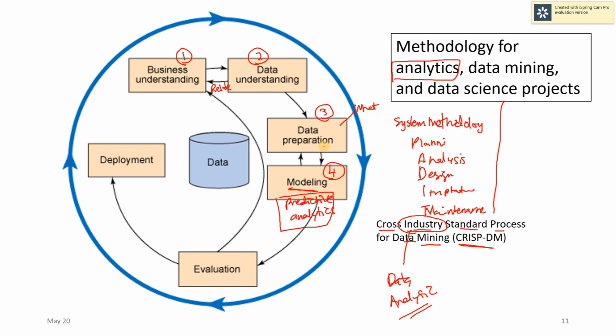Once you think this data is good enough to input into the modeling, you try it again until you get the best model. Only once you get the best model, you do the evaluation here, meaning that you apply it to your real set of data.